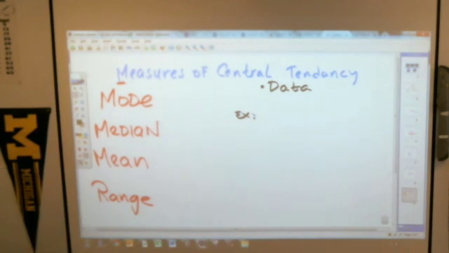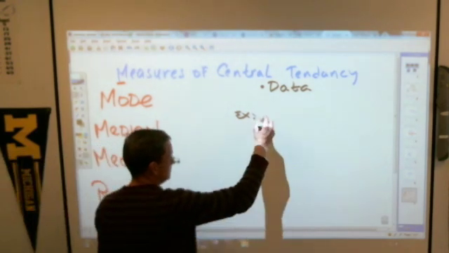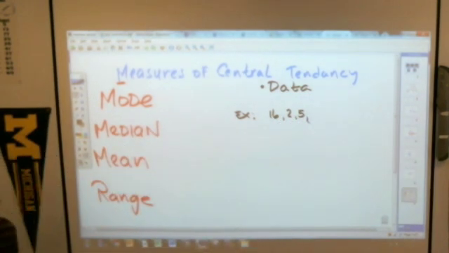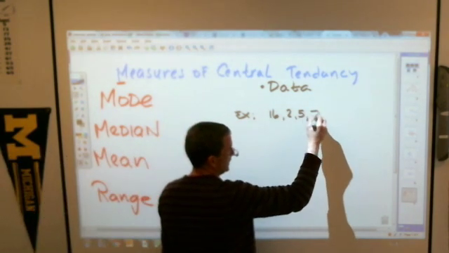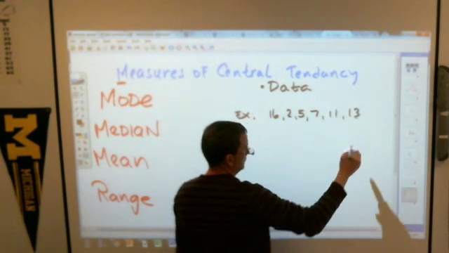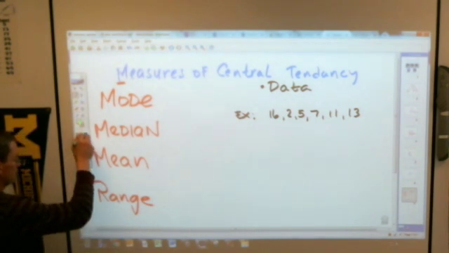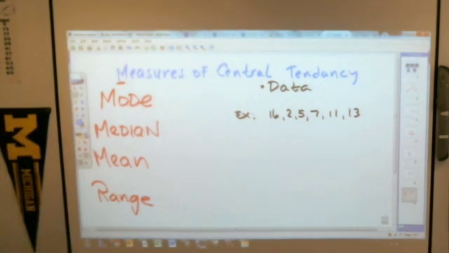Let's say you have 16, 2, 5, 7, 11, and 13. Maybe that's how many hours you spend on your cell phone every day. I don't know. Or if you don't get much sleep. Because they're all playing Fortnite. It's probably not the best example, but we're going to go with that.